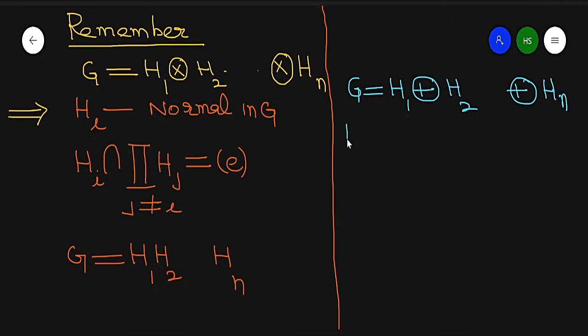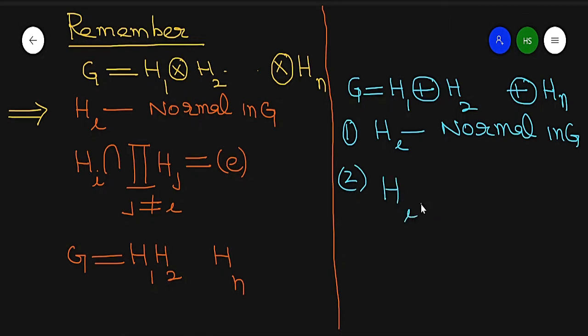So what does it mean? First is the same, Hi is a normal subgroup in G. Second is Hi intersection, now here not product, here it will be summation, j not equal to i, of Hj. It consists of the additive identity, which is 0. So remember that.